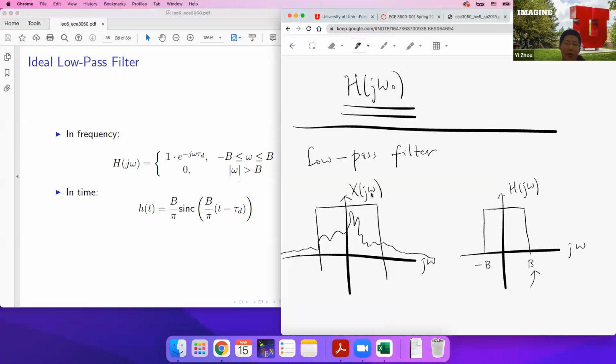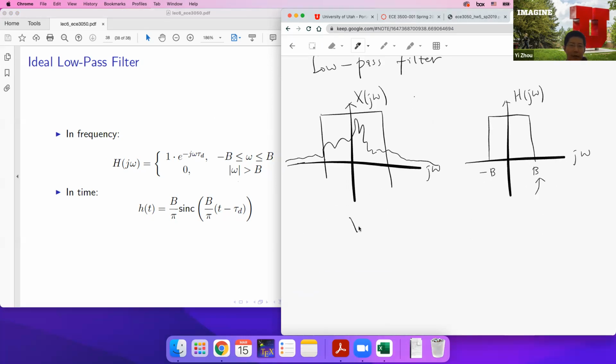Then if you have an LTI system with such a system response and you input any signal X, by the LTI system equation in the Fourier domain, the output equals the input times the system response in the frequency domain.